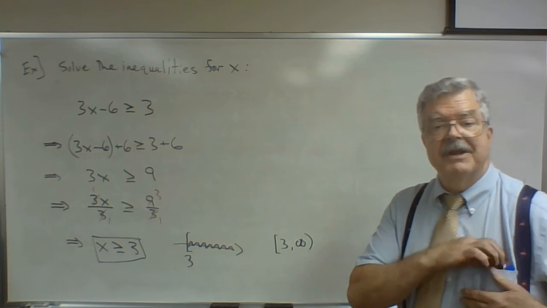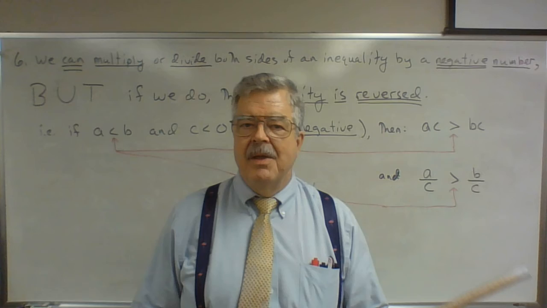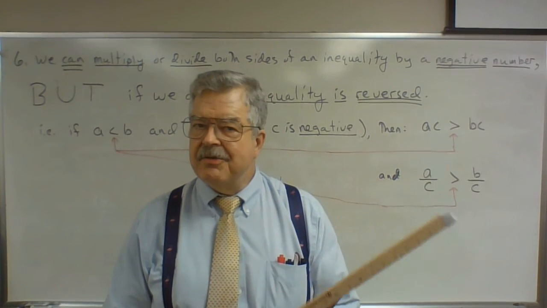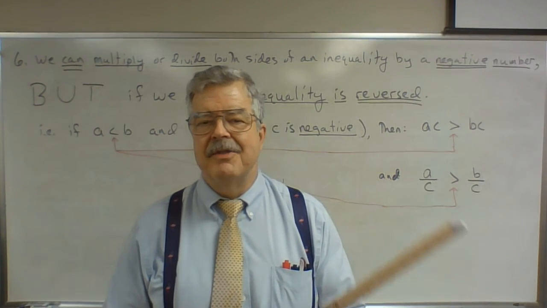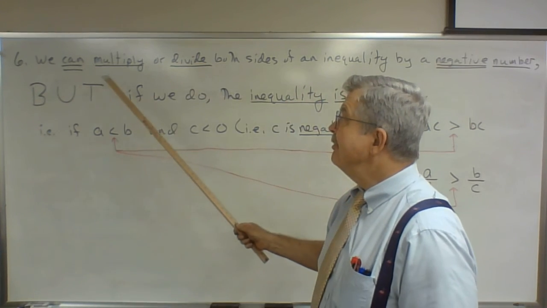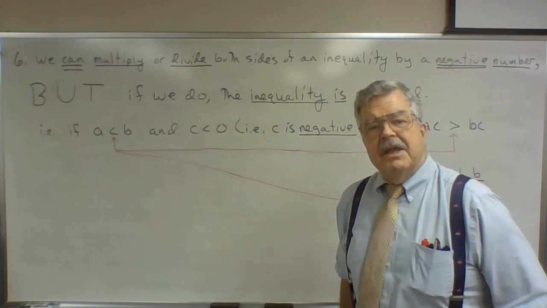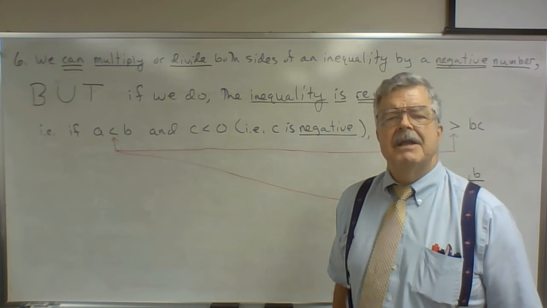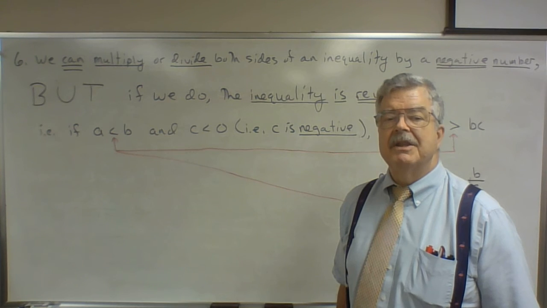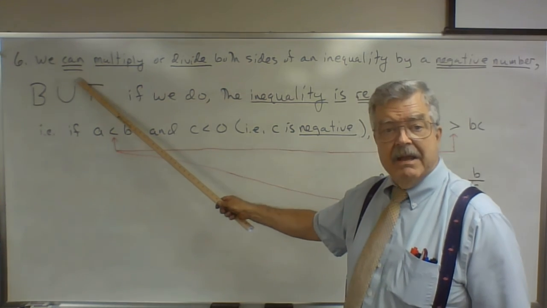More properties of inequalities. The major thing that we want to get out of this discussion on inequalities, property number 6. Can we multiply or divide both sides of an inequality by a negative number? It turns out we can.